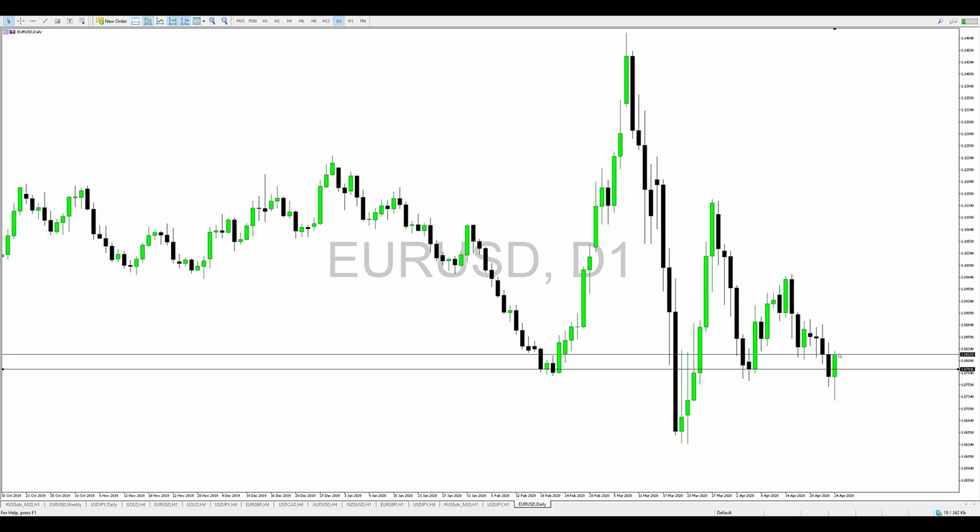So with the focus of dollar index expecting further bearish, I'll be expecting further bullish when it comes to Fiber, but further bullish moves to which level? To this bearish order block here.